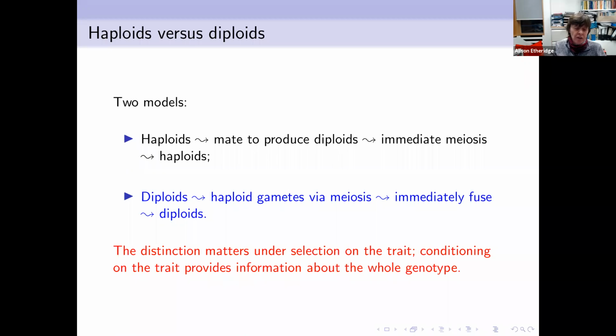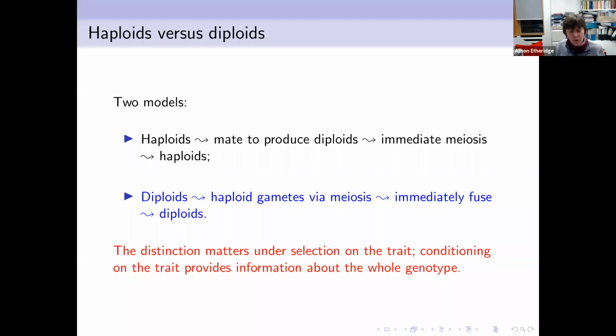There's immediate meiosis, and then we go back to haploids. Or you start with a diploid, and that splits into haploids during meiosis, but after reproduction, they immediately fuse back into diploids. So I can either follow the gamete phase, or I can follow the diploid phase, and it doesn't really matter which I do. And one can usually interpret selection acting on diploids in terms of what it's doing to those gametes. So I can interpret it as some action of selection on haploids.